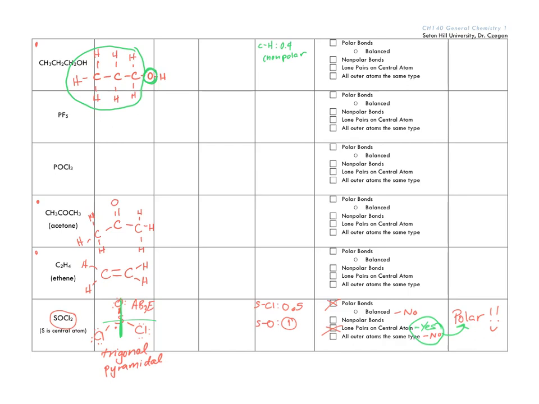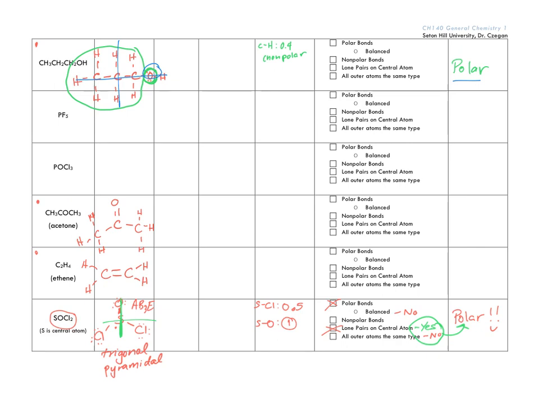I forgot my lone pairs on that oxygen. That oxygen has 2 lone pairs. Okay. So that oxygen induces a polar spot. And so even though there's only one of them, the whole molecule would be considered polar. The whole molecule is not symmetrical, right? If I cut it in half this way, it would be, but if I cut it in half this way, it's not, right? There's no counterpart to this oxygen to balance it. So it's a polar molecule.